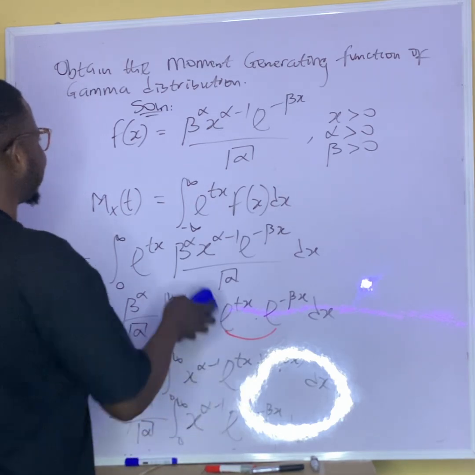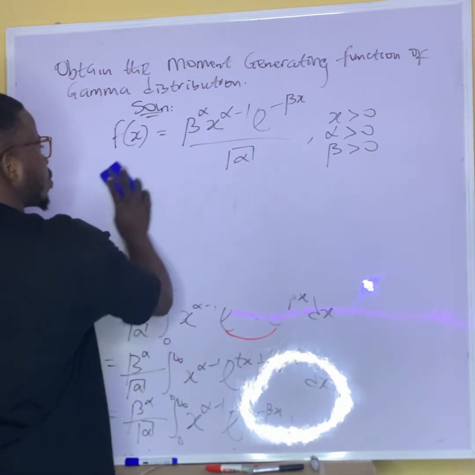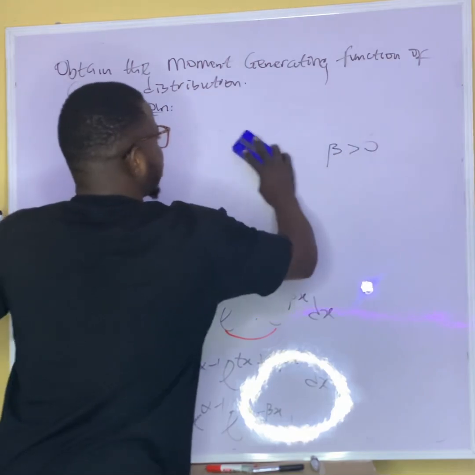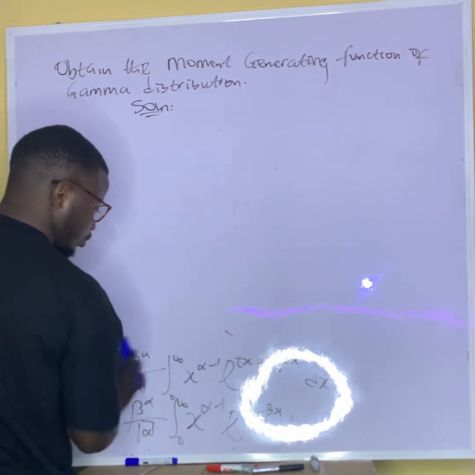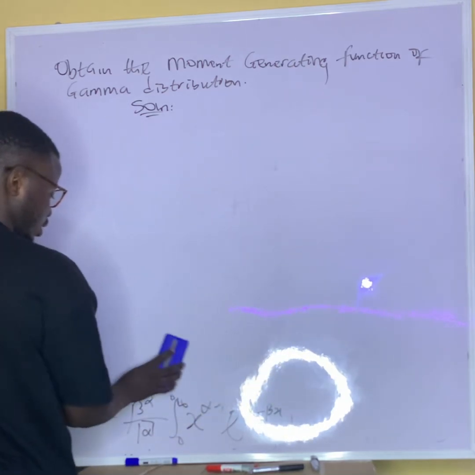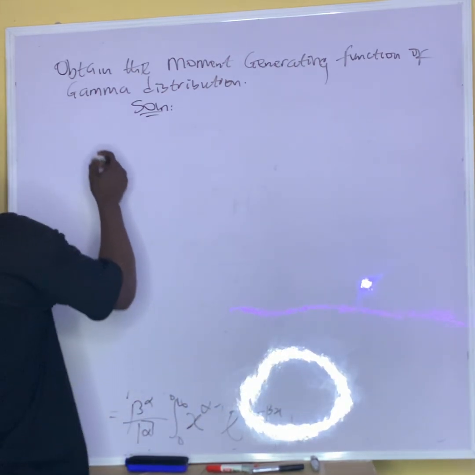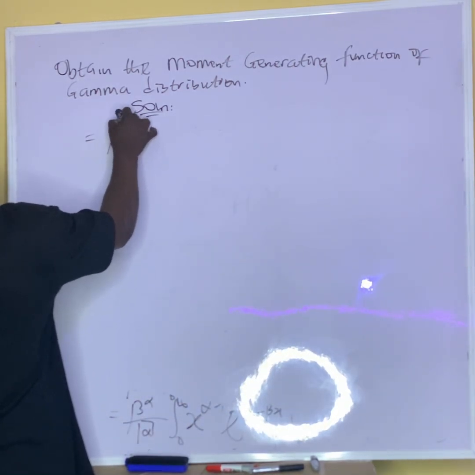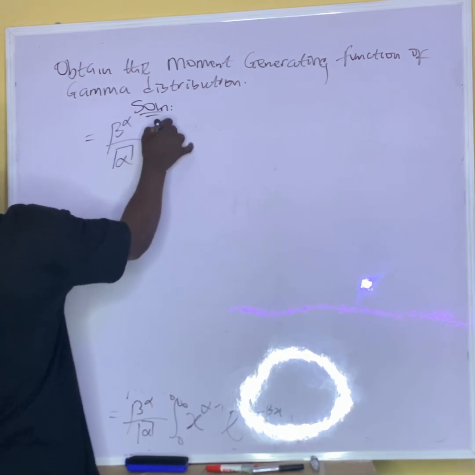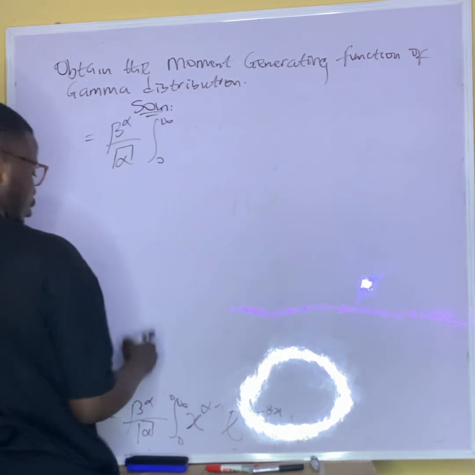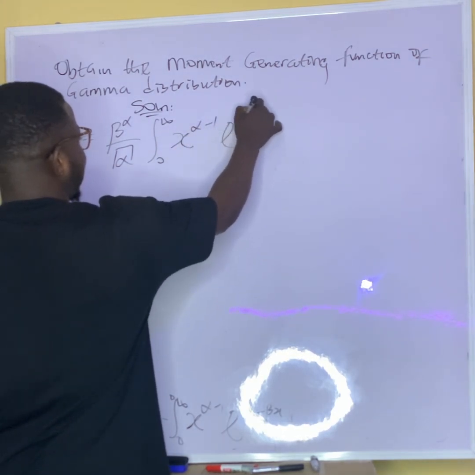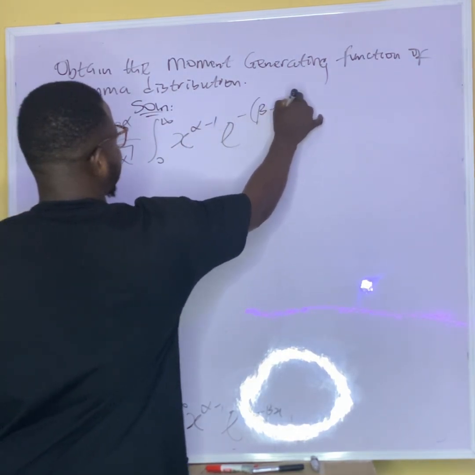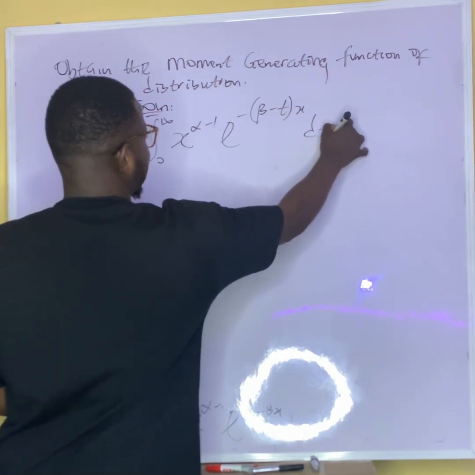Now we can also rewrite it as beta raised to the power alpha over gamma alpha, integral from 0 to infinity, of x raised to the power alpha minus 1, exponential minus beta minus t, x, dx.